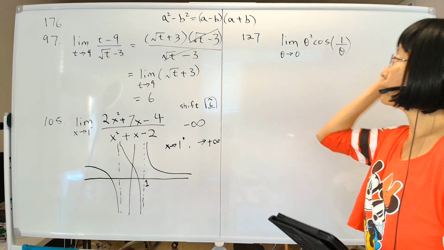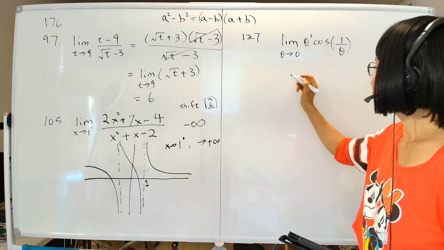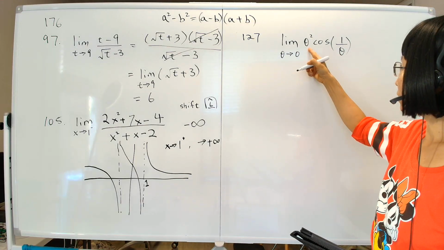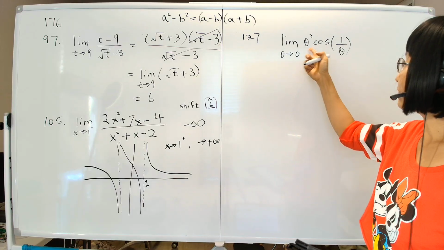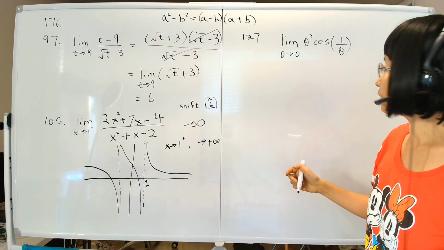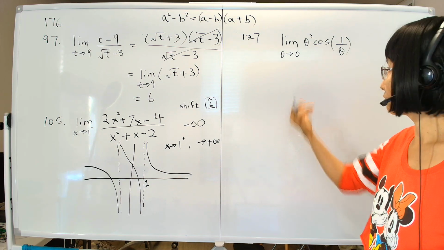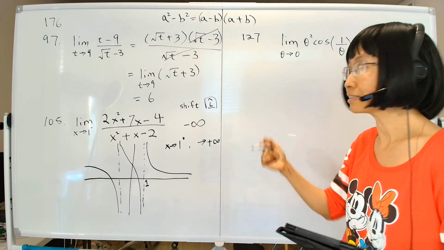Well, let's just say this. When you type it into the Desmos thing, it probably lets you type in theta, but I don't know. But let's just type in x. Okay, one variable is as good as another.